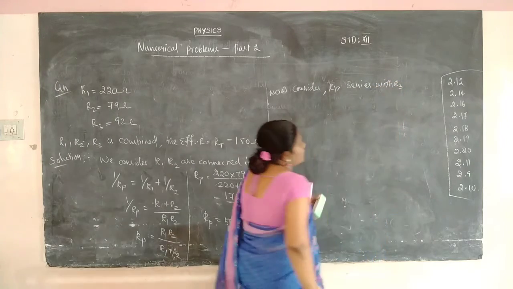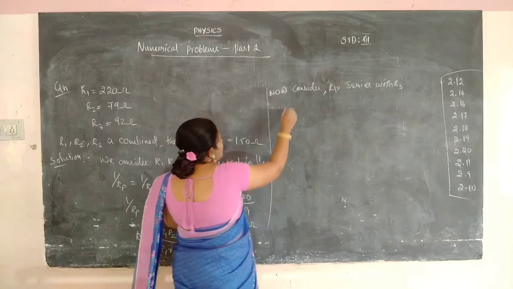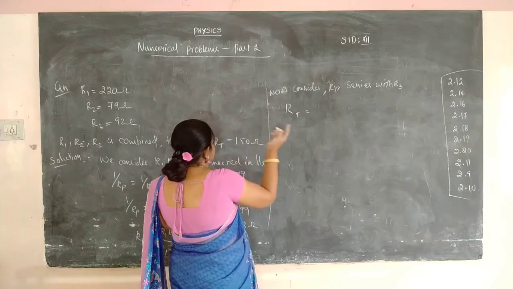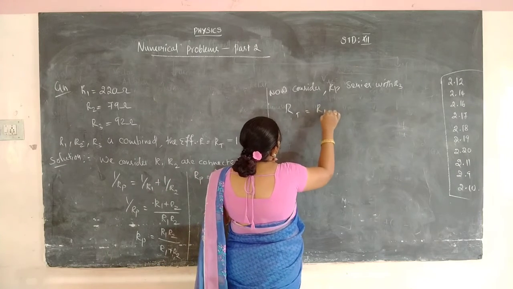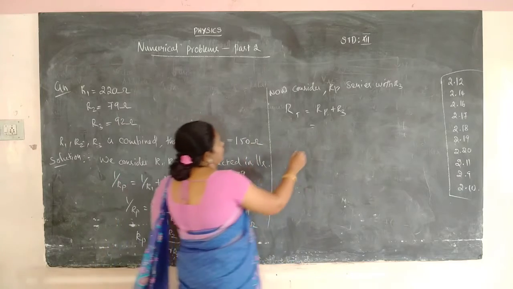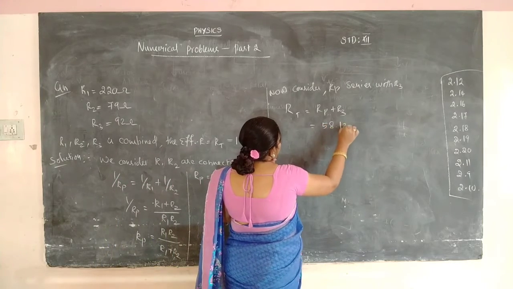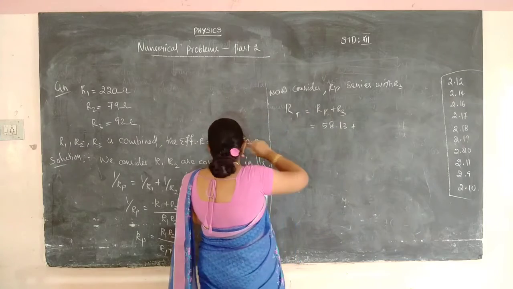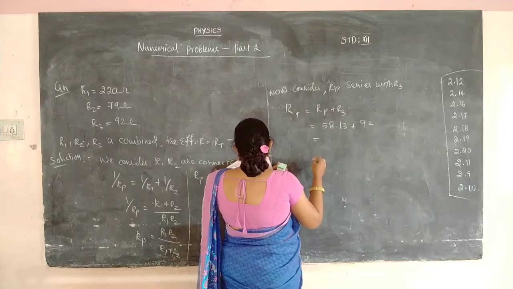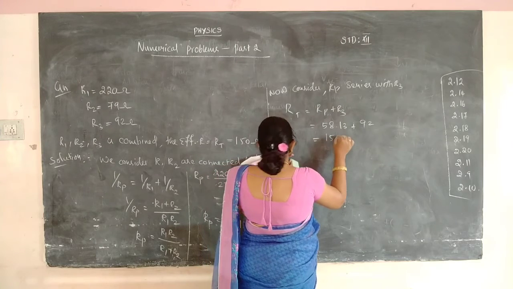Okay, RP R3 oda series connect பண்றோம். அப்ப effective resistance RT, total resistance, is equal to RP plus R3 in series. So what is the RP value? 58.13. What is R3? That is 92. So 58.13 plus 92 is 150.13.